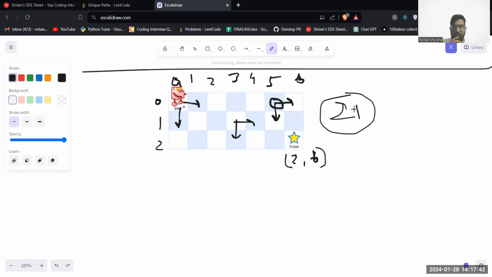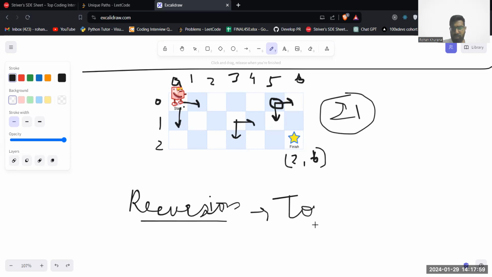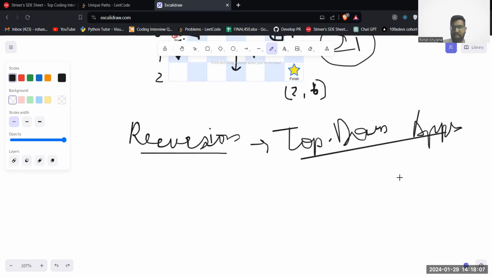Great. There is one more thing in recursion that we understand, right? Recursion is a top down approach. I know it's a jargon. You won't even understand why we are using this jargon.